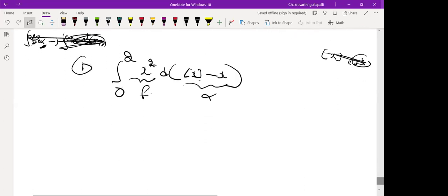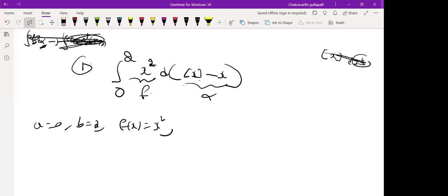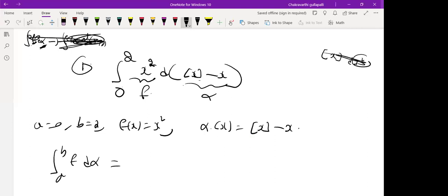Your a is 0, b is 2. F x is x square. Alpha x is box x minus x. What to do? What is the integral from a to b of f d alpha, if alpha is not differentiable?